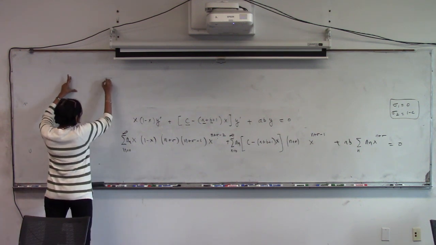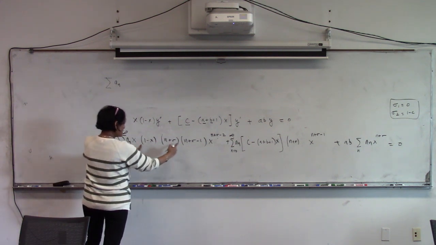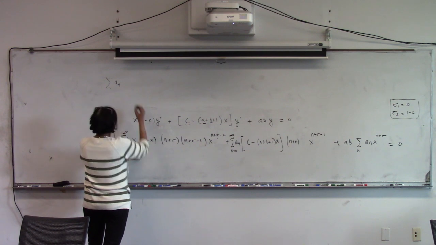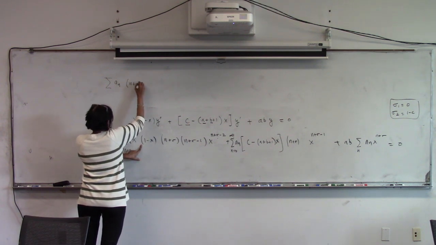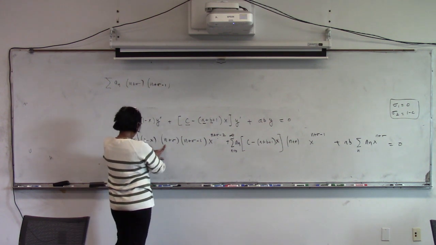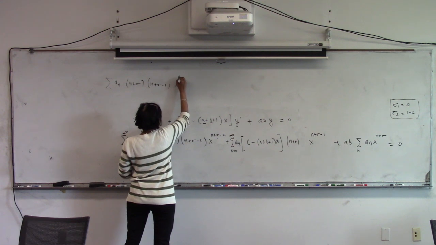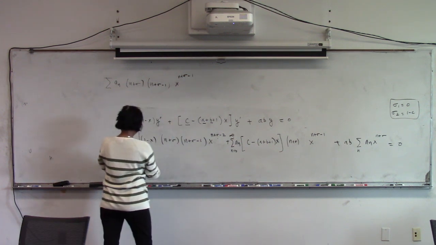So what I have is a sub n, n plus sigma minus 1, and that would be x to the power of n plus sigma minus 1.